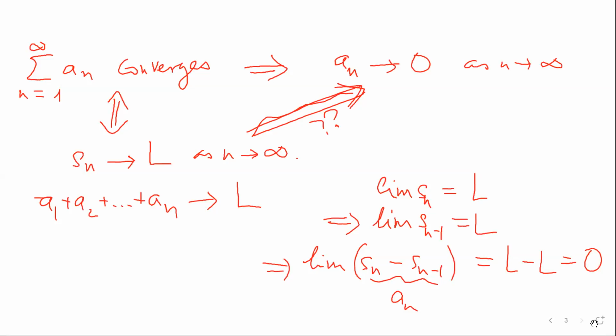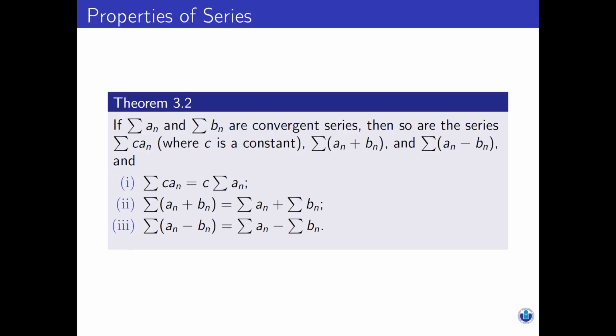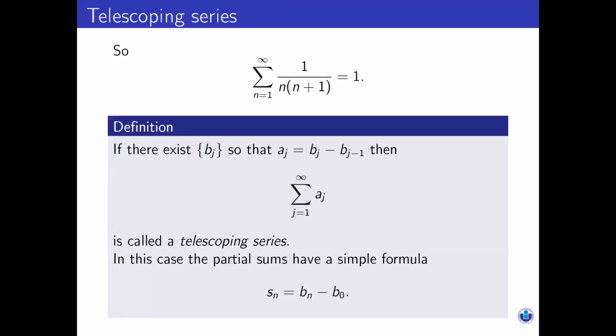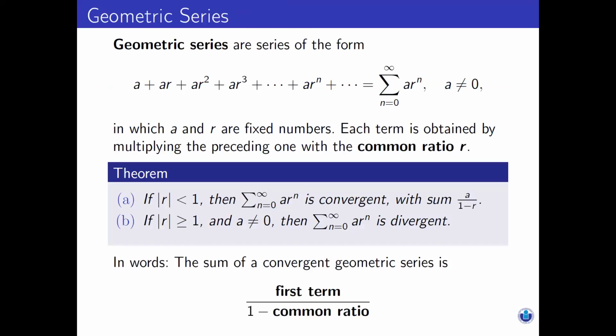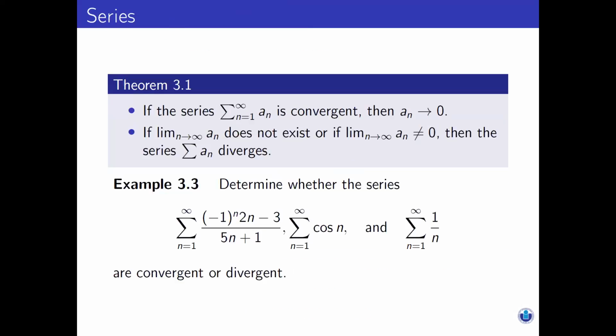Besides the two types of series that you can explicitly compute, telescoping series and geometric series, we know one test, this test here, that allows us to conclude a series diverges, without having to compute the explicit formula for the partial sum S_n, because that would be impossible in this case.